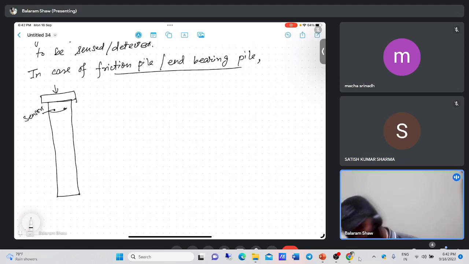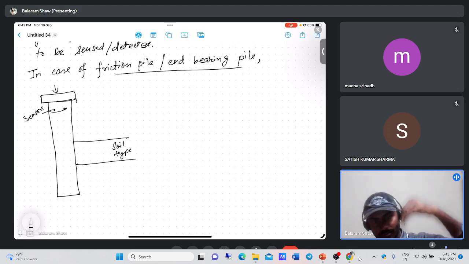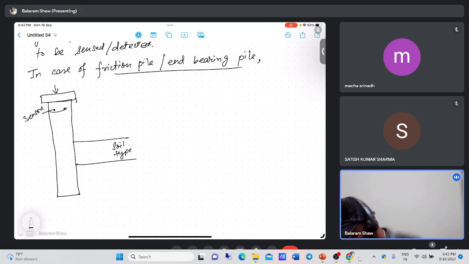Okay, now what can happen? The medium in between can give some skin friction. So let us say we have some medium here, some soil type, which is giving resistance. What will happen? When the impact is coming from the pile head, it will come down, as it was happening in the last one. The wave is coming like this. Now what will happen at this point?